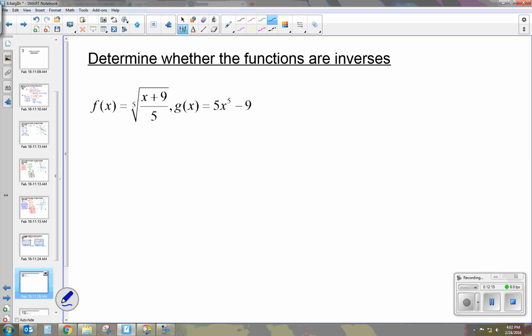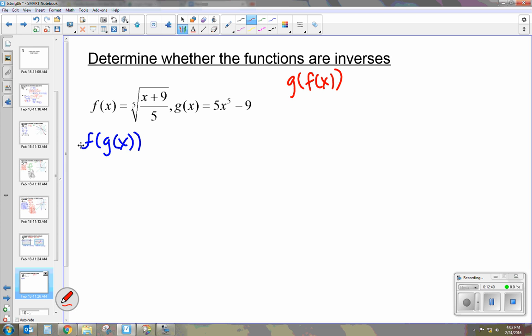All right, next, we can determine whether functions are inverses or not. If we plug the functions into each other and they cancel out, then they're inverses. So what we're going to do is take f of g of x and g of f of x.